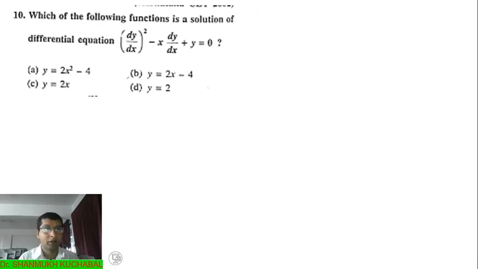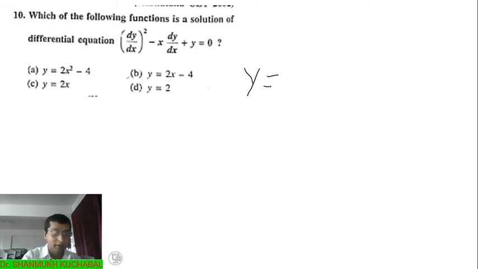Next example: which of the following functions is a solution of the differential equation (dy by dx) whole square minus x dy by dx plus y equal to 0? So we clearly observe that for each option we have to take the equation and differentiate it.